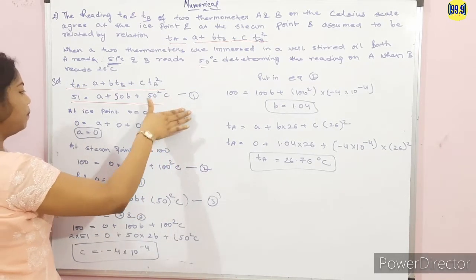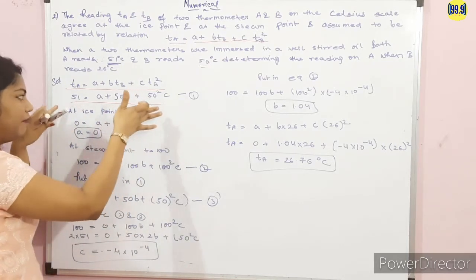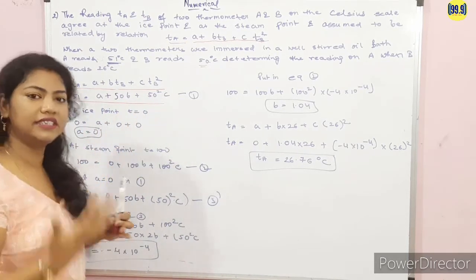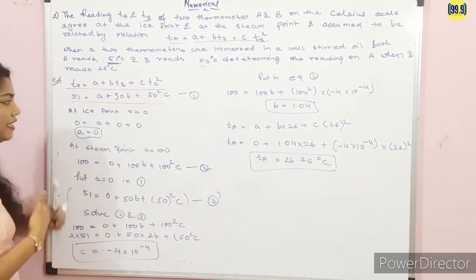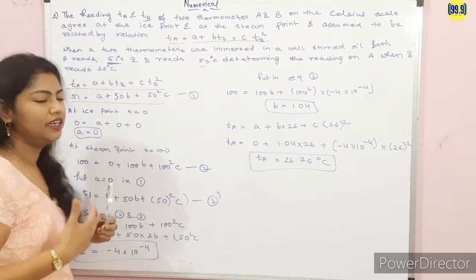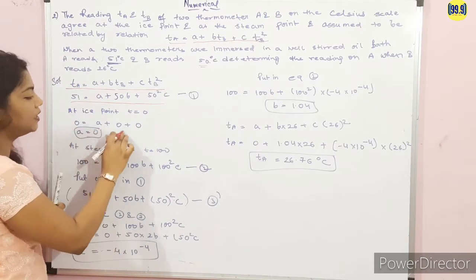Now we take this as a general equation and put in the values at the ice point and at the steam point. At the ice point, when the temperature T is equal to 0, it becomes 0 is equal to A plus 0 plus 0.